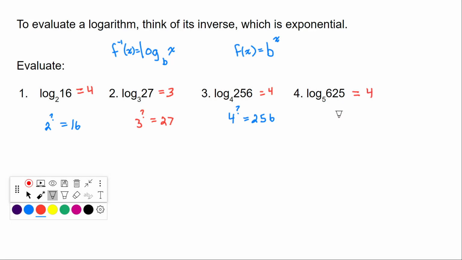So that one is also 4, because 5 to the 4th equals 625.